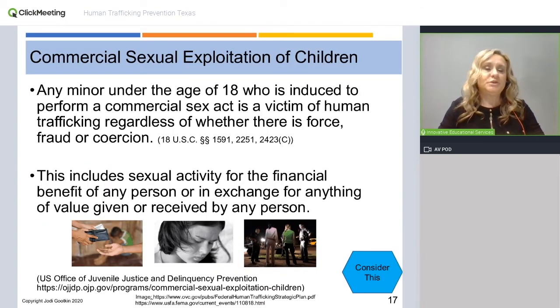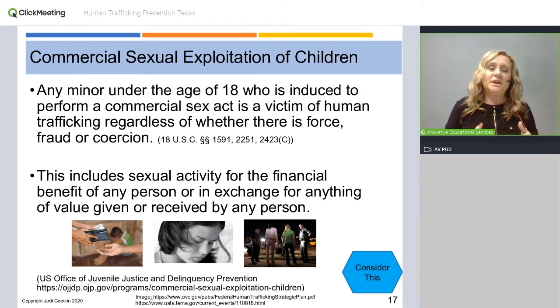Commercial sexual exploitation of children occurs with individuals below the age of 18 who are forced to perform commercial sex acts. What makes it a commercial sex act is when something of value is exchanged for the performance of the sex act. Could be food, could be shelter, could be gifts, could be many different circumstances.